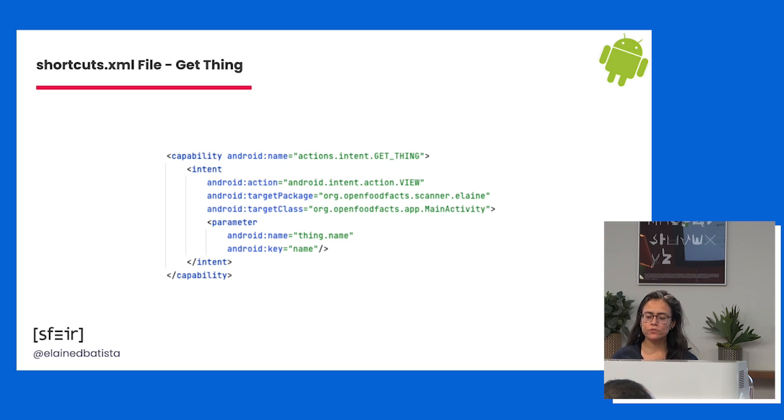So I only have to say, okay, my app has some kind of search. It can give stuff, basically, and then you just put here what the name of the package is, and you can put in also the class that would be receiving these parameters. If you're doing a basic Flutter app, it's going to be the main activity, because if you're not doing much native code, this is the only native class that you're going to have.